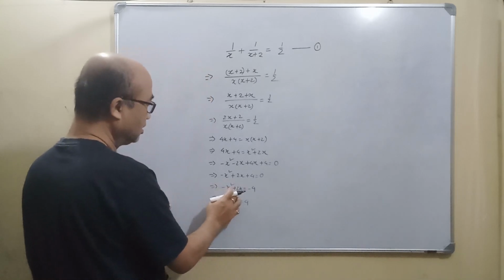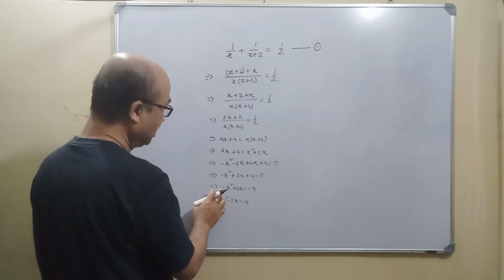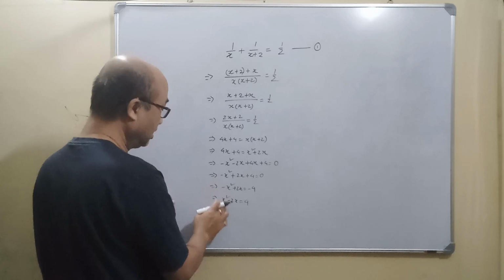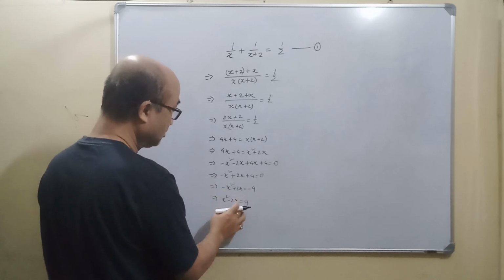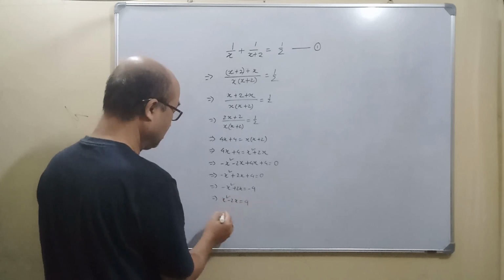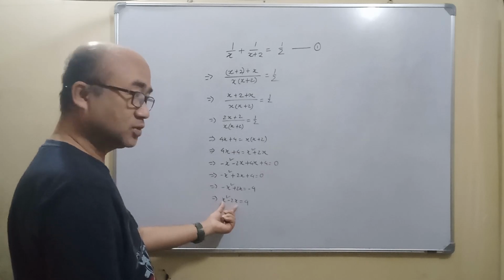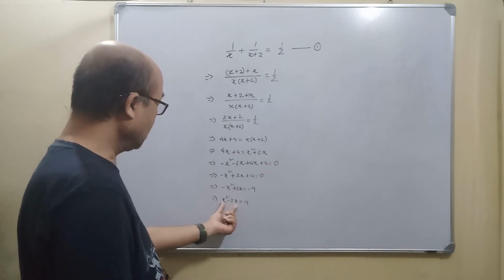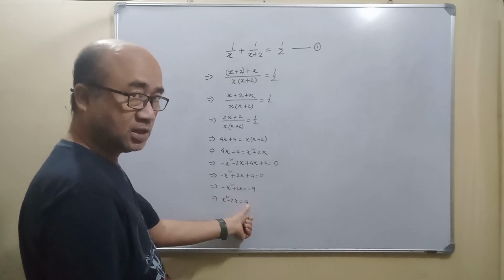Now converting all of them, multiplying it by minus 1, it becomes plus 1. So it is minus 2x and it is plus 4. It becomes plus 4. So we have this expression x square minus 2x on the left hand side and the constant term 4 on the right hand side.